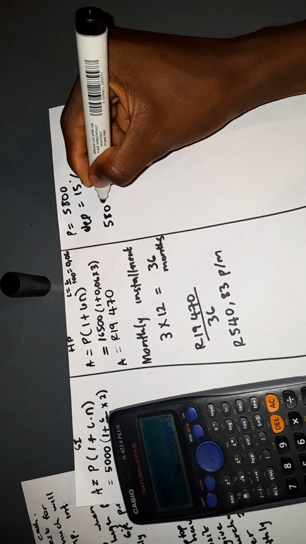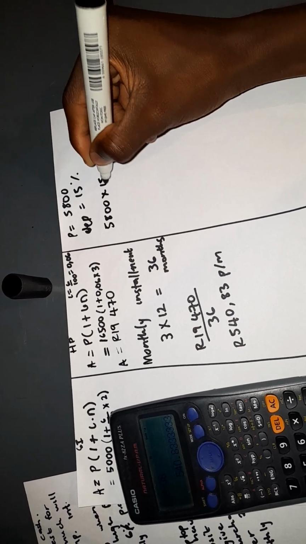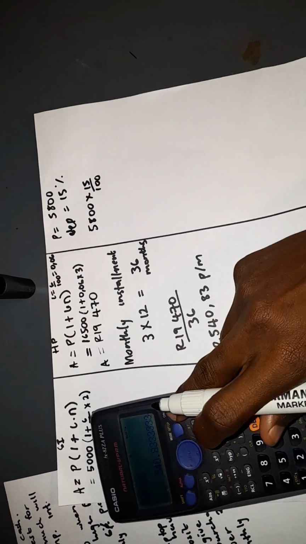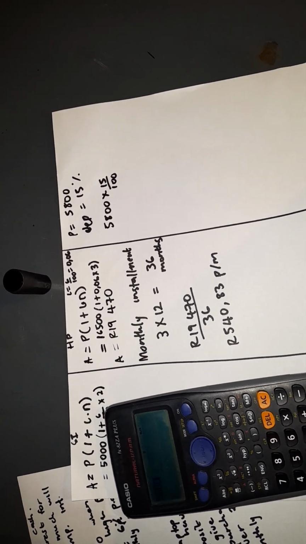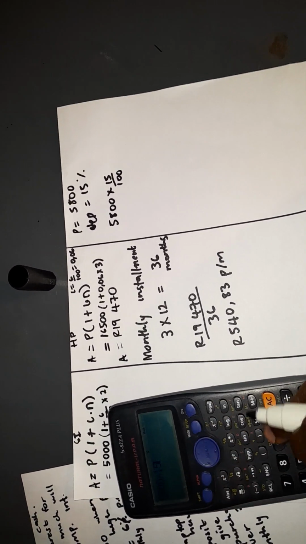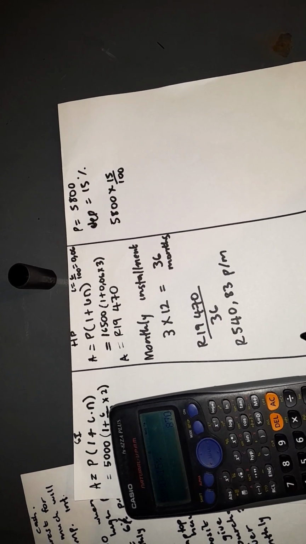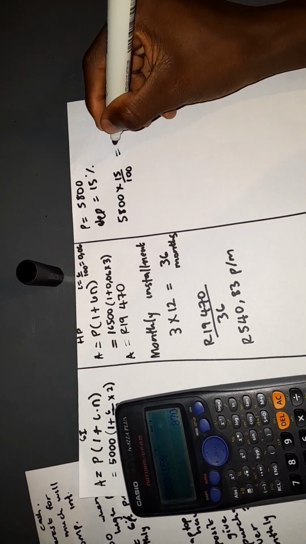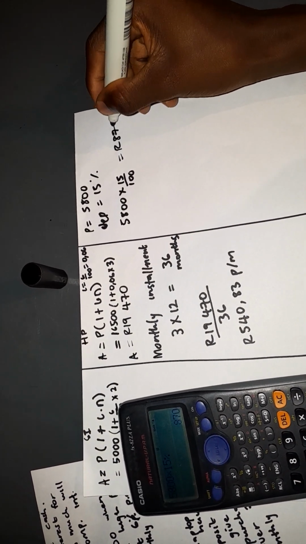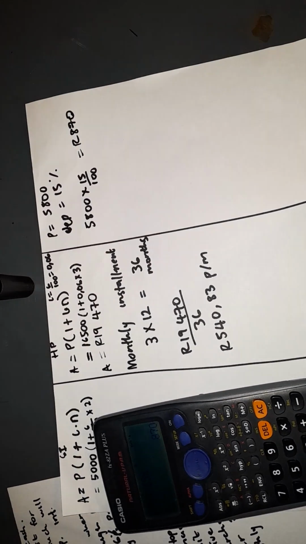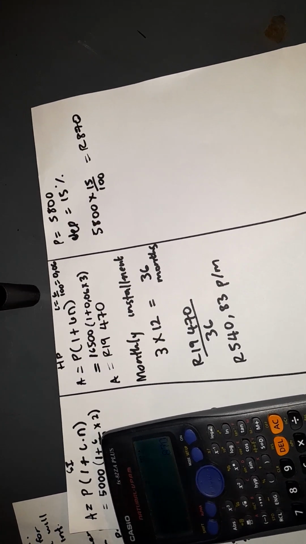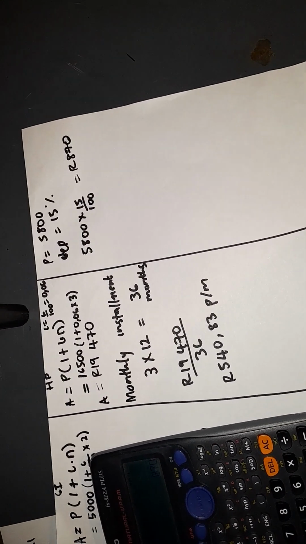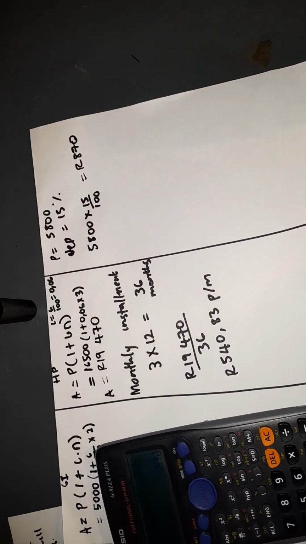So it's 5,800 multiplied by 15 over 100. Let's do it in the calculator. It's 870 rands. So she paid how much? 870 rands as an upfront payment.